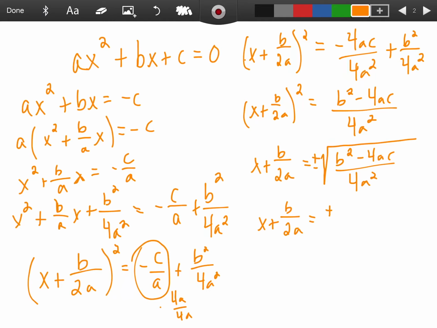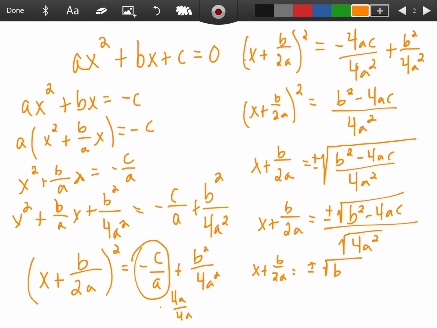All right, so that's equal to the positive or negative square root of b squared minus 4ac all over the square root of 4a squared. Well, the square root of 4a squared is just 2a. So now I have x plus b over 2a equals the positive or negative square root of b squared minus 4ac all over 2a.